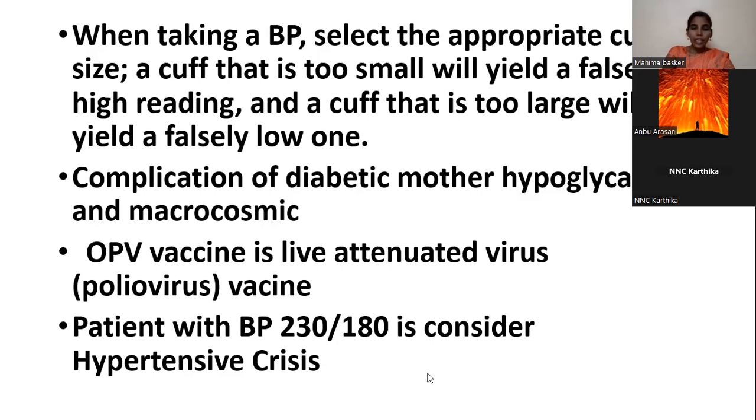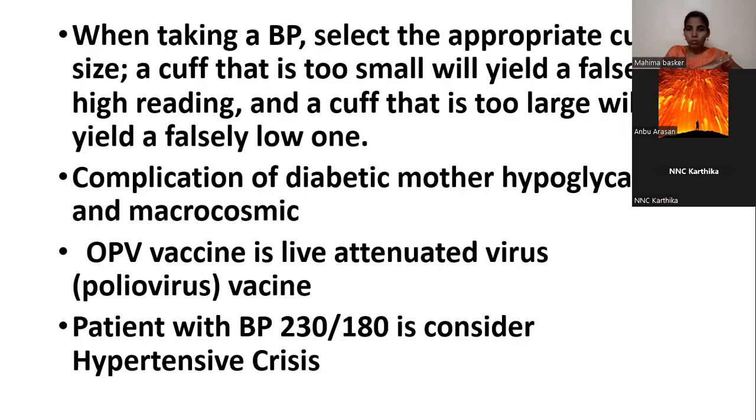Okay. When taking a BP, select the appropriate cuff size. Sometimes they will ask why a false reading is coming for the patient, and how to prevent it. So for BP, the criterion is to select the appropriate cuff size. If the cuff is too small, what will happen? A false high reading will be shown.